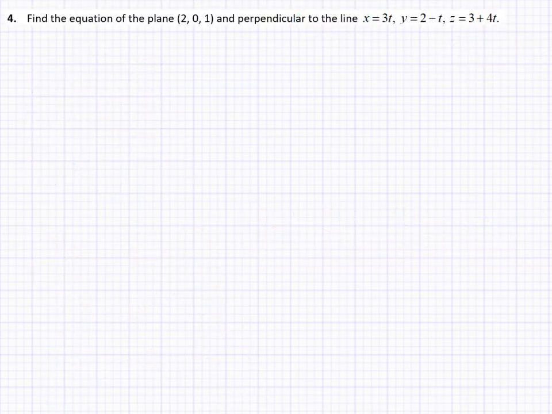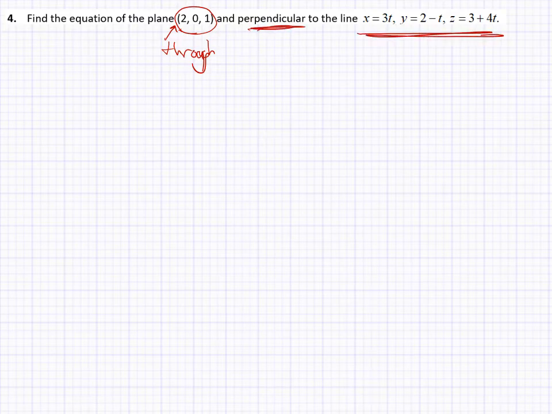Equation of the plane through, I'm kind of missing that word, it should say point, so this point's on the plane, and perpendicular to this line. Looking at this line, you should be able to pick out the vector that's parallel to that line.